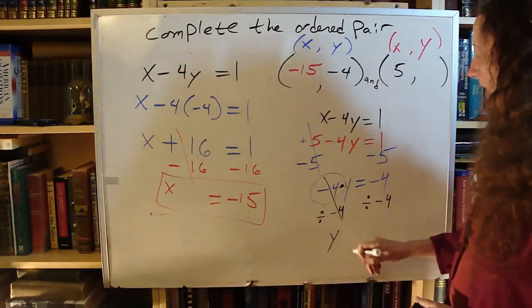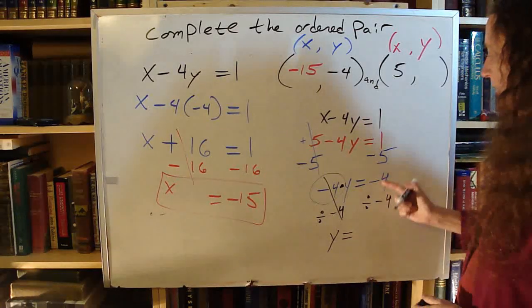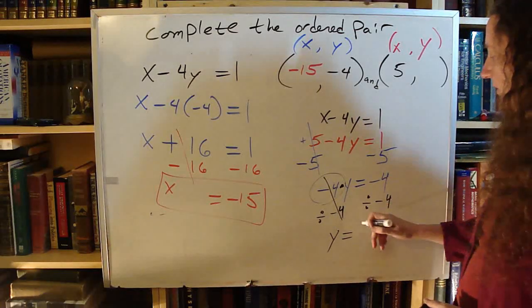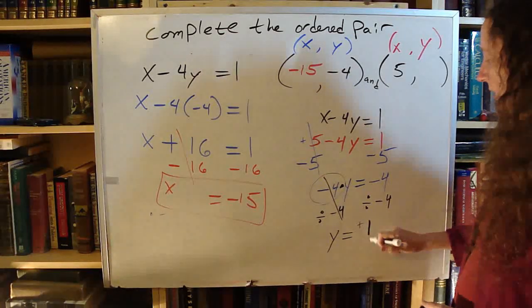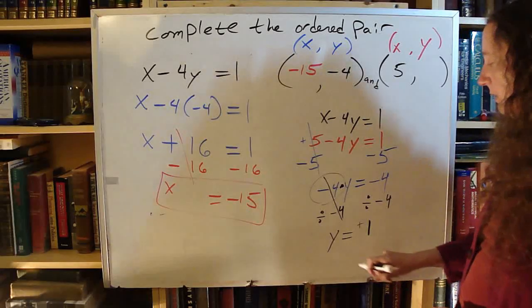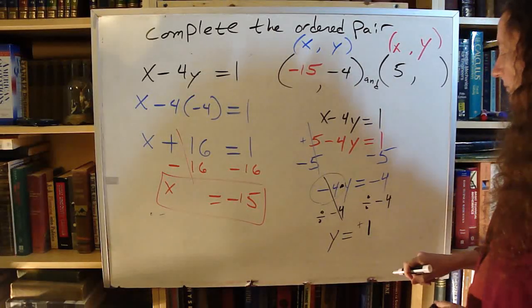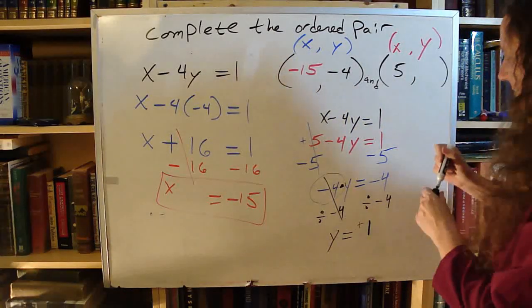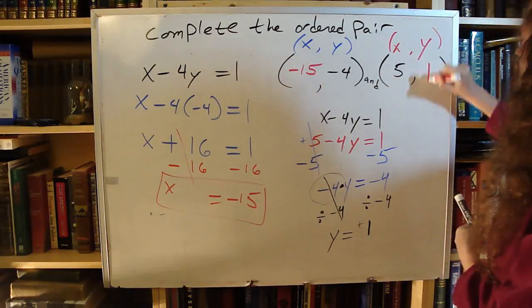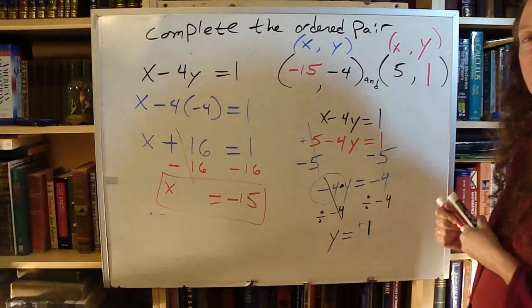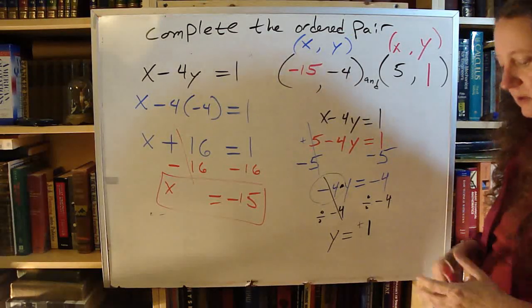I have just y equals negative divide negative is positive. 4 divide 4 is 1. So y equals 1. Fill in my answer up here. That problem is done. Now for the next one.